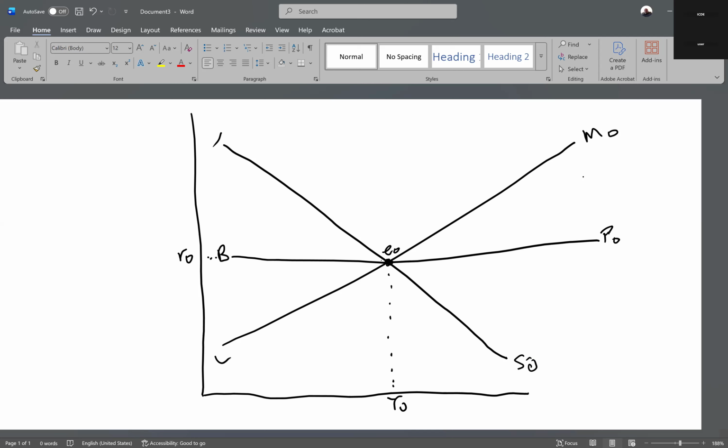So we are talking about fiscal policy. So the IS curve shifts to the right from IS0 to IS1.